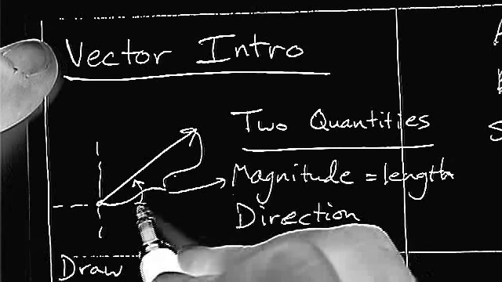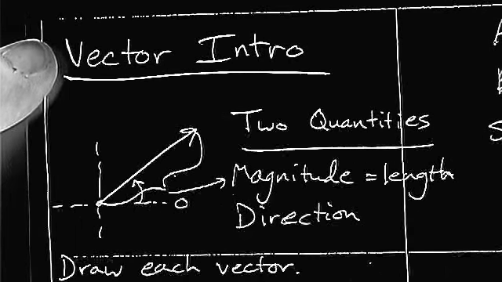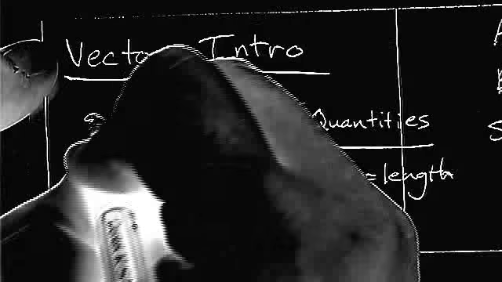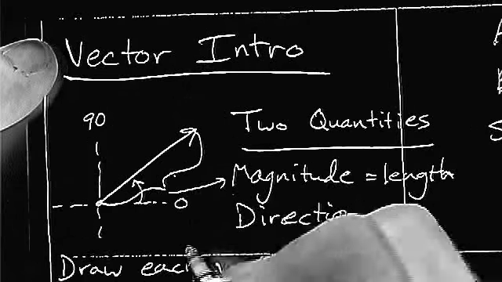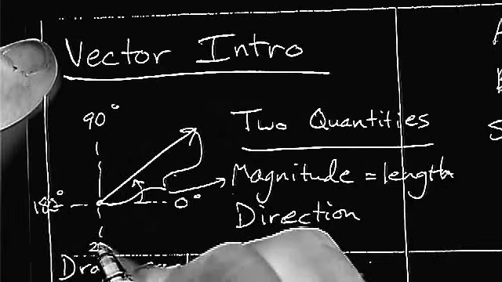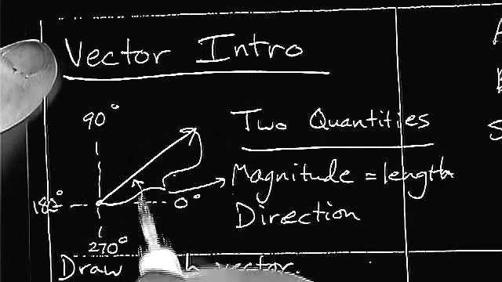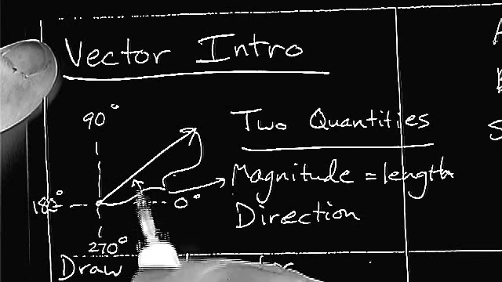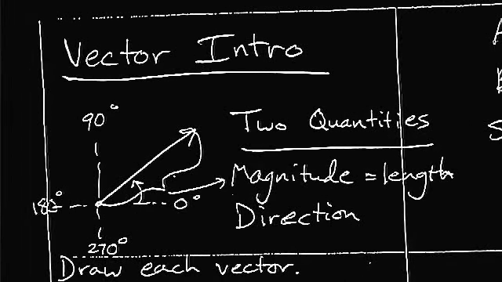So if this line right here represents 0, and this one represents 90 degrees, and 180 degrees, and 270 degrees, then you can see that this is maybe a 40-degree angle. Okay? It's not quite 45. It's not halfway between 0 and 90.